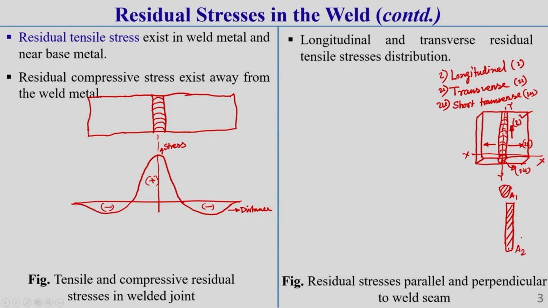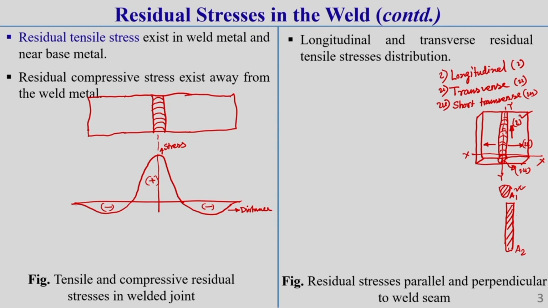From here itself you can get an idea: the weld bit region is generally subjected to a shrinkage type of effect, correct. That is why we have to consider that cross section only.